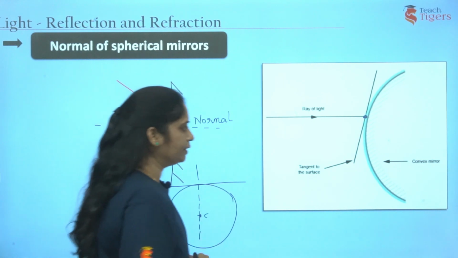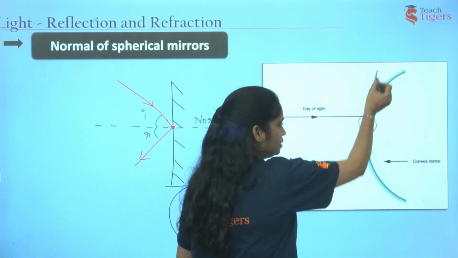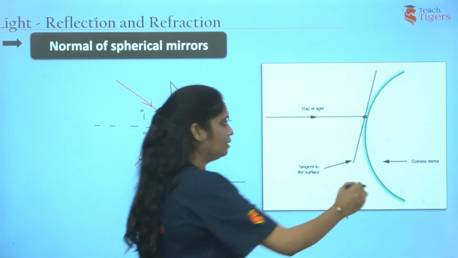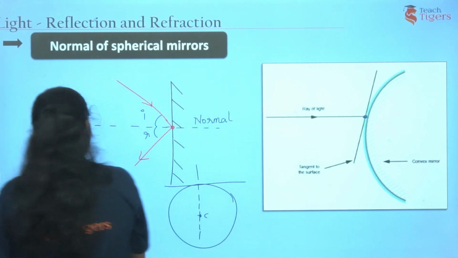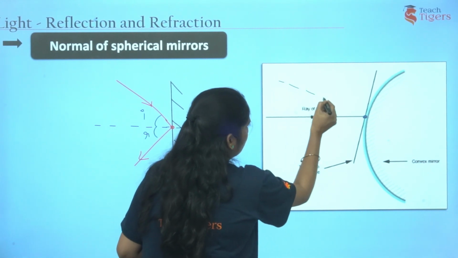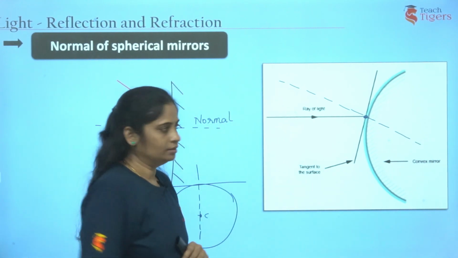Let us try to apply this. At the point of incidence, I am just drawing a tangent. So this line is a tangent. Now perpendicular to the tangent, I will draw the normal.